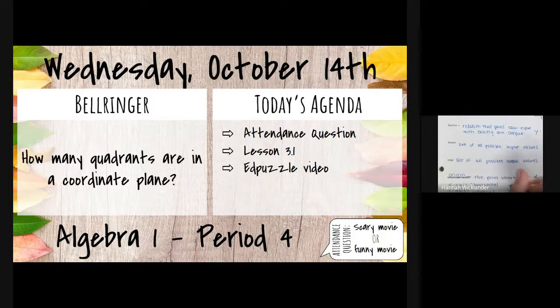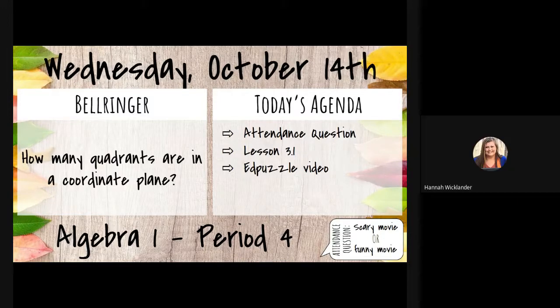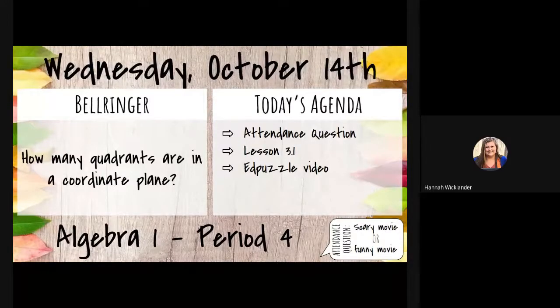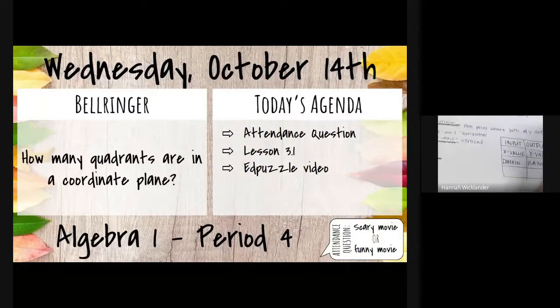And then I'm going to do this little table over here that I think is helpful. You don't have to write it down. It might help you, it might not. So I have this little table here.